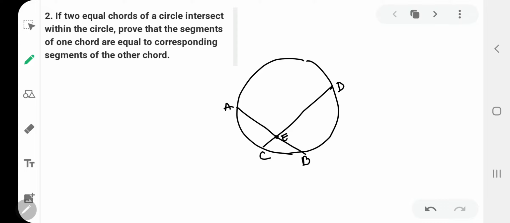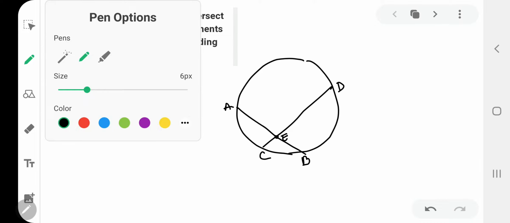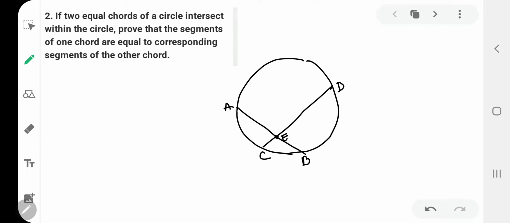That means you have to prove that AE is equal to DE. I'll mark it so that you understand. You have to prove AE, which is corresponding to ED, and you have to prove CE is equal to EB. That is the meaning of prove that the segments of one chord are equal to the corresponding segments of the other chord.